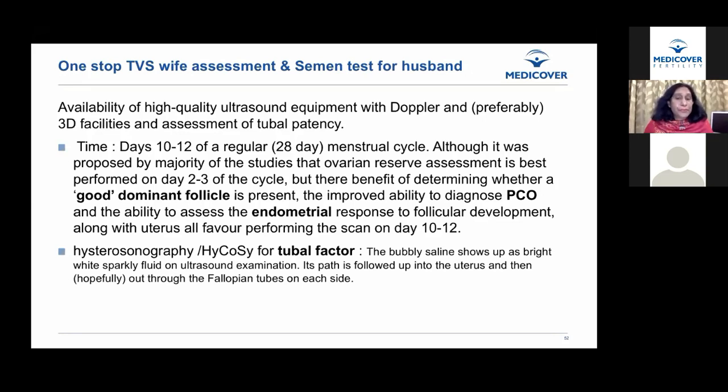Now, as far as the tubal factor is concerned, with the help of saline or HyFoSy, you can do this kind of tubal patency test right there in your ultrasound room. You put the saline, you see whether there is a sparkling fluid on both the sides and ultimately in the pouch of Douglas, and you can say that yes, the tubes are patent.